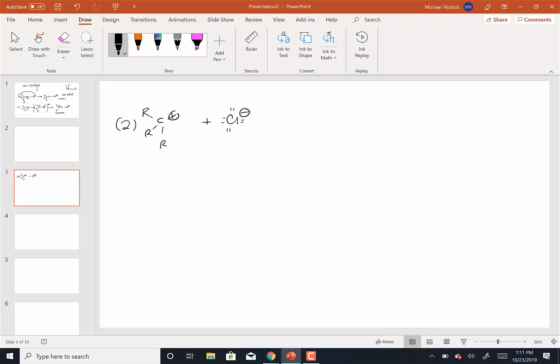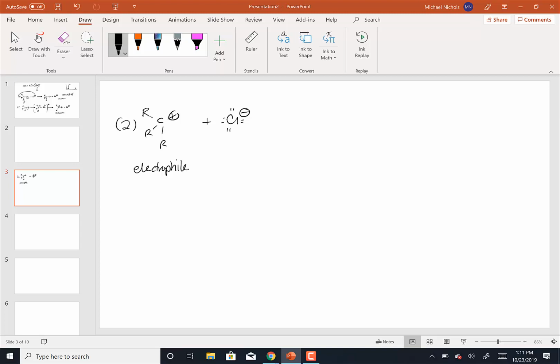It is incredibly electron poor, which makes it an electrophile. Electrophile means negative loving, but electrophiles are electron poor, so they're going to react with something that's electron rich. What's electron rich? The chloride. Why? Because it's got lone pairs. By having that extra lone pair, it's got a negative charge.